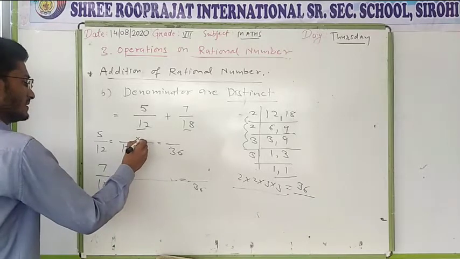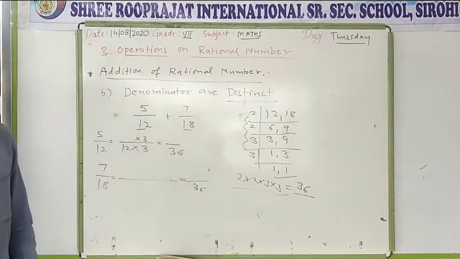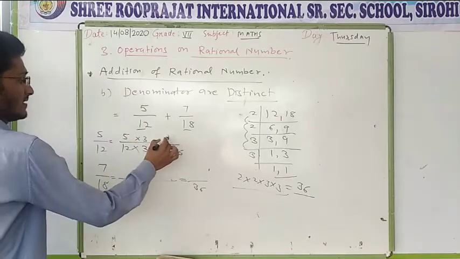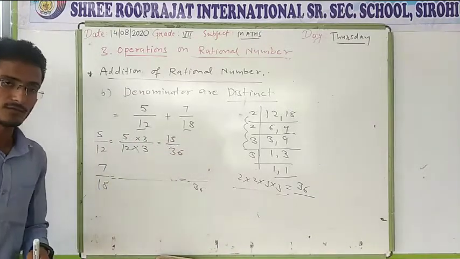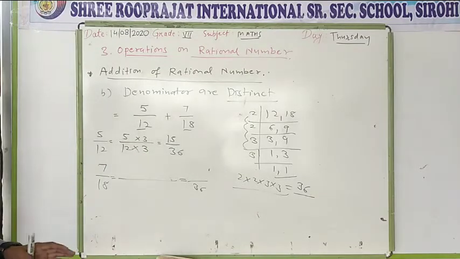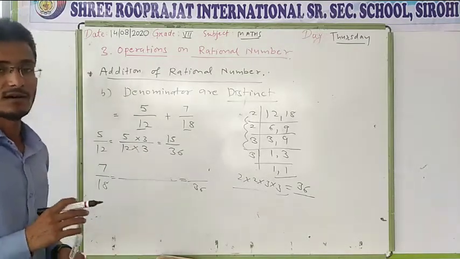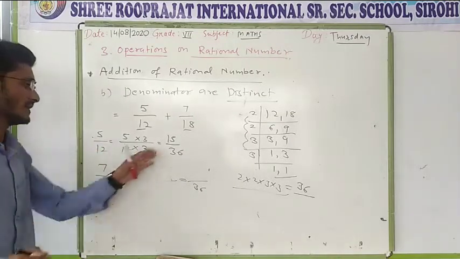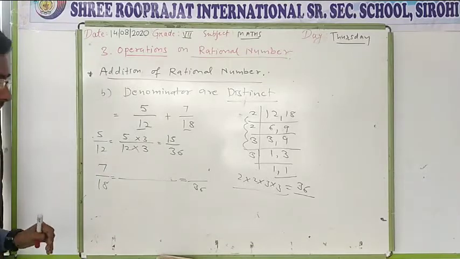If you multiply the denominator by 3, then the same way you have to multiply the numerator by the same number, that means 3. So 5 threes are 15. If you multiply a numerator and denominator by the same number, you will get an equivalent rational number, that means the value remains the same. The value will not change. That means 5 by 12 and 15 by 36 are both the same number.